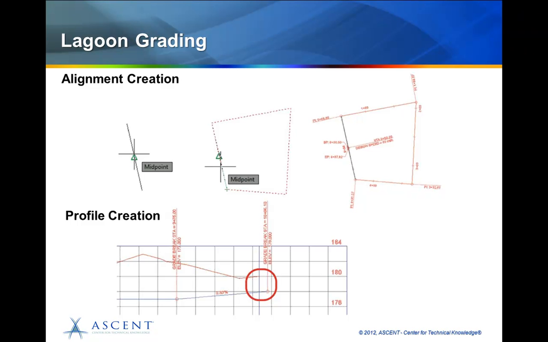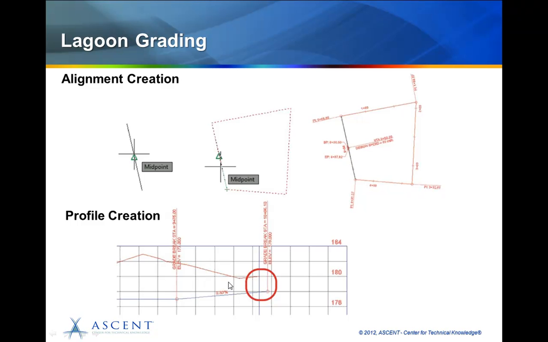That way, you don't get anything funky. So for instance, if I had the beginning and ending station at a corner, all this area out here in the corner would end up with nothing there. And so we need to avoid that by starting and ending our alignment on a straight line segment.